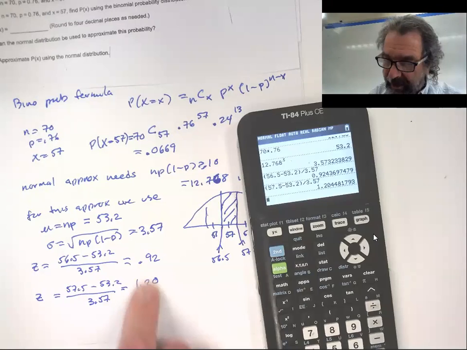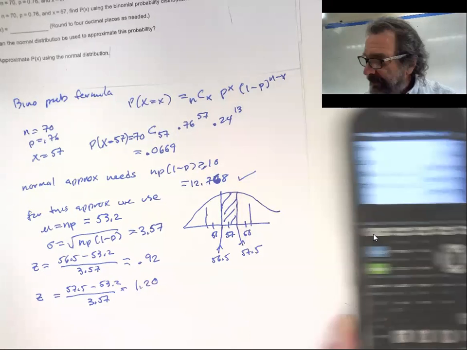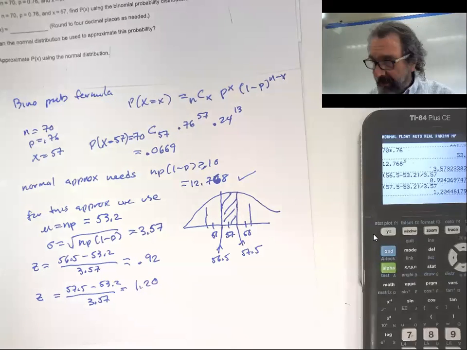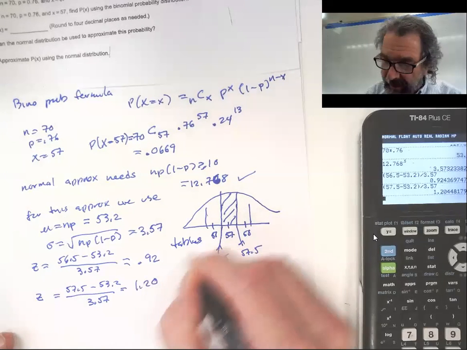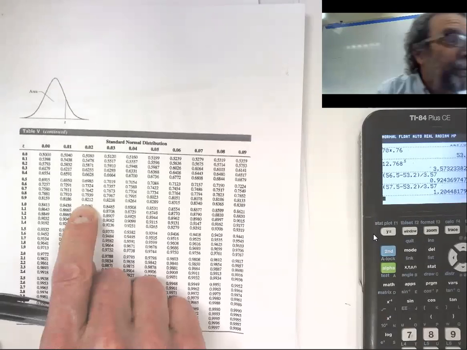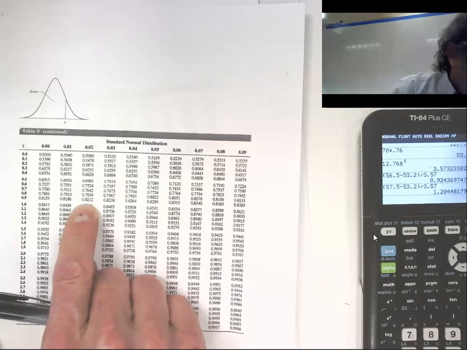I'm checking, they seem to be pretty far apart, but maybe it's okay. We'll know in a minute. So then we go to the tables. For 0.92, we're here, 0.8212.